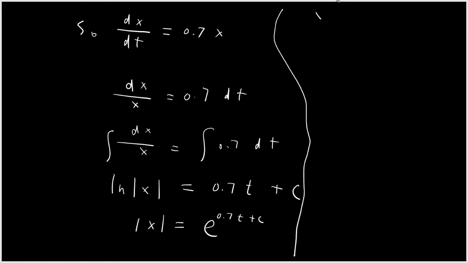Which means the absolute value of x is equal to, using the property e to the power of m plus n equals e to the power of m times e to the power of n. So the absolute value of x is equal to e to the power of c times e to the power of 0.7t.